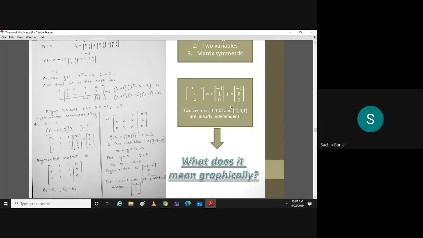It will depend on the rank of this matrix. Did you understand how we wrote these two vectors? Taking r out, that becomes -1, 1, 0, plus taking s out, it becomes -1, 0, 1. These two vectors are eigenvectors, and their linear combinations are also eigenvectors.